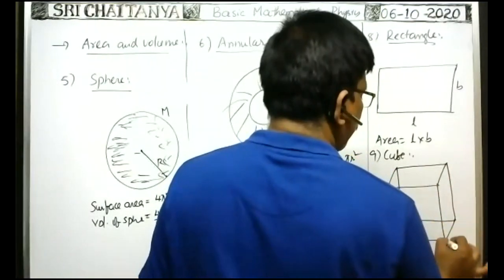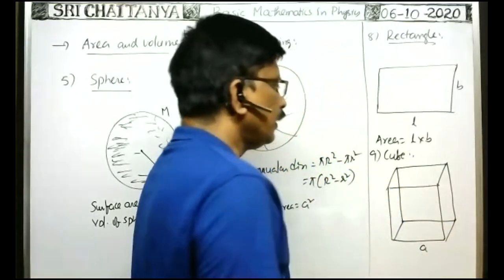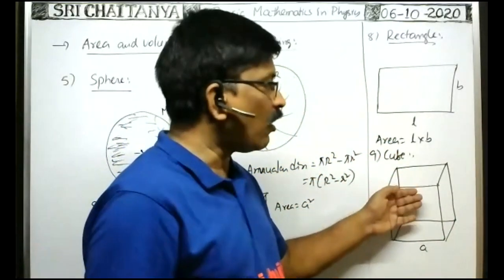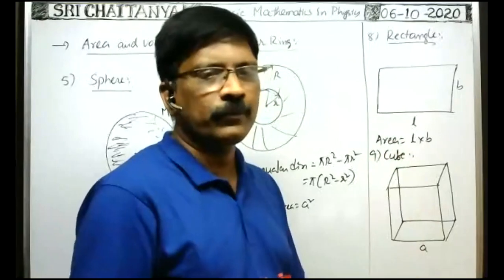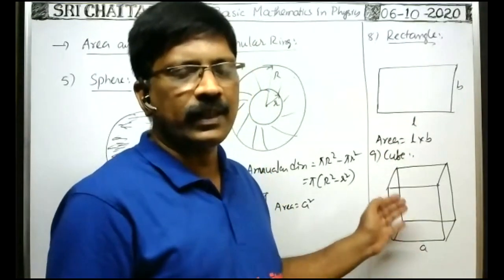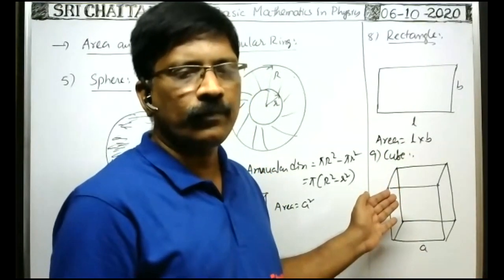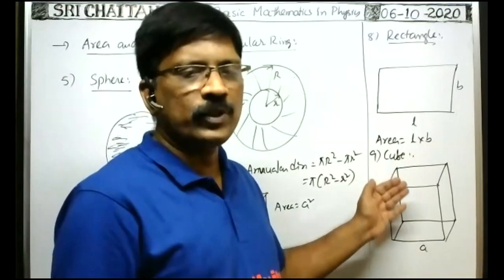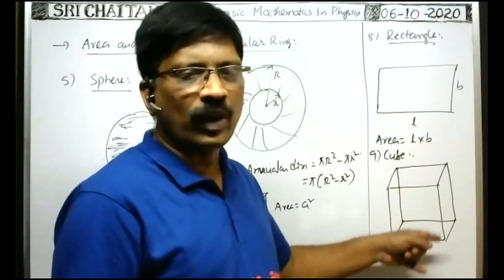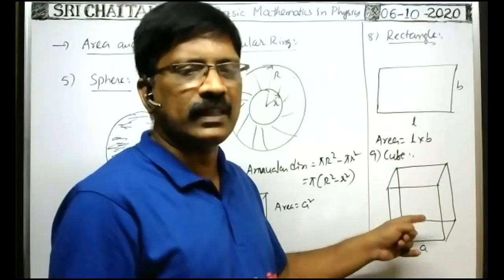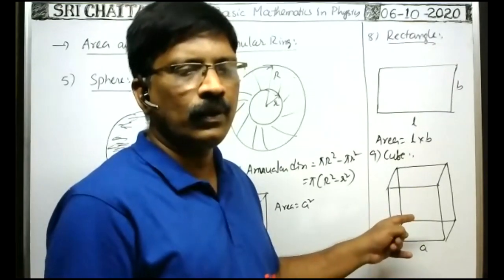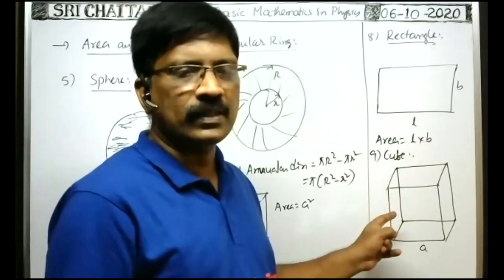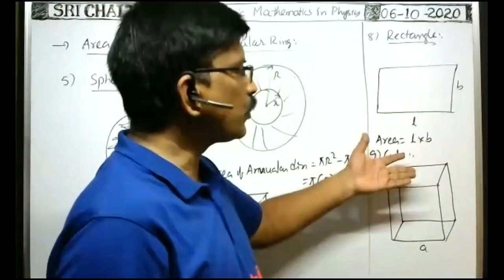This is the cube of side, say A. How many square faces does the cube have? A cube has 6 faces, no? What is the area of each face? A square. 6 faces are there.